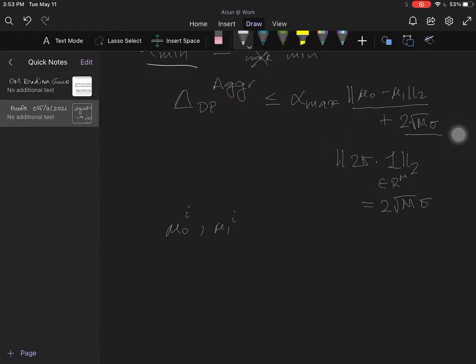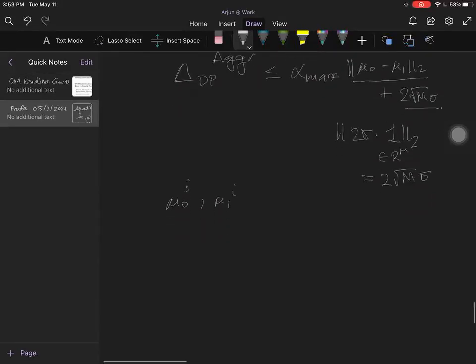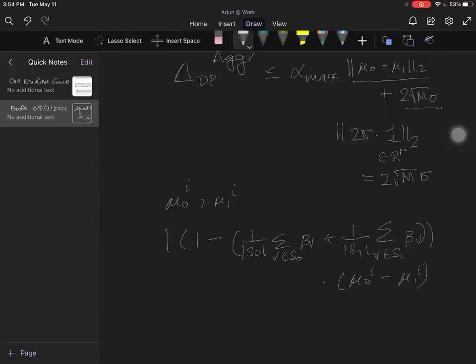So what this is going to look like is we want 1 minus 1 over S0, and we're looking at the ith entries of the mu0 and mu1 vectors.